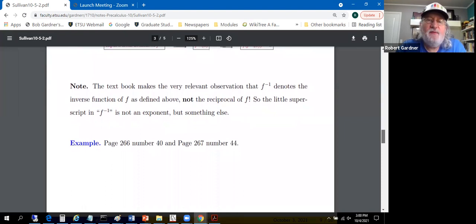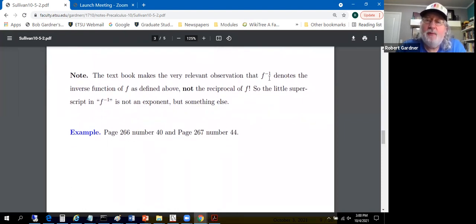The textbook makes the very relevant observation that when they write this f inverse, granted, it's inspired by the idea of a reciprocal, but this has nothing to do with reciprocals in terms of 1 divided by. You're finding an inverse function, eventually algebraically.